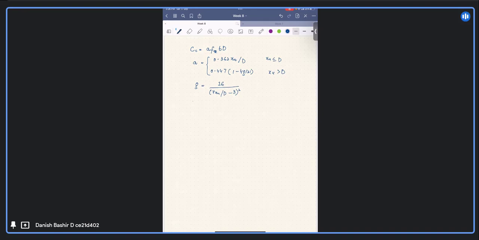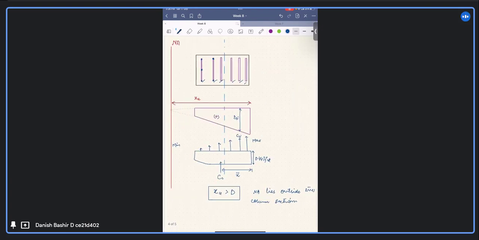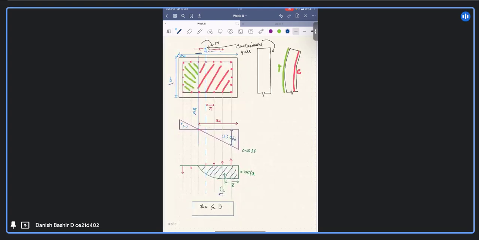then the corresponding moment MC carried by the concrete section, which is under compression, will be as follows. Let me show you. This is the CC force. Okay, this is X bar. It is acting at some X bar distance from the most compressed fiber edge. So its distance from the centroidal axis will be, D by 2 here. Clear?